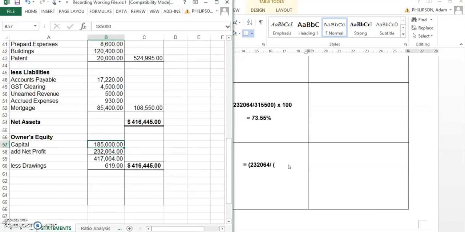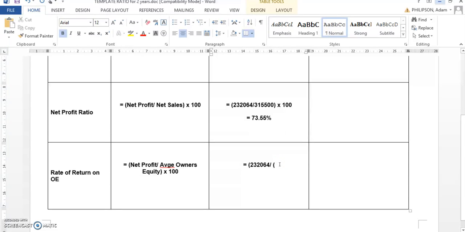So 416,445 plus 185. We need 2 brackets here because this is a separate mathematical operation, divided by 2 to calculate the average. And then that is all times 100 to give us our percent.